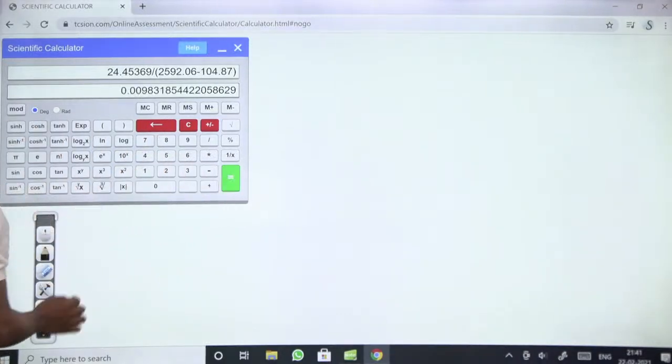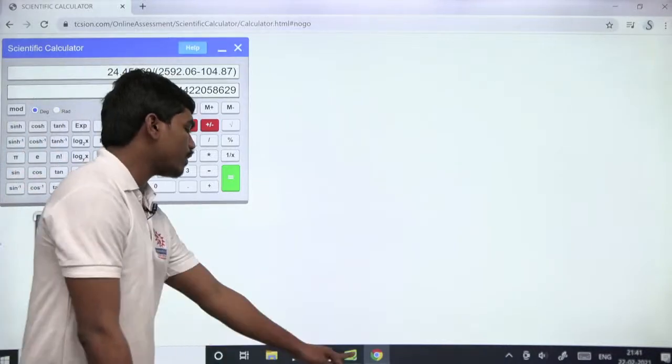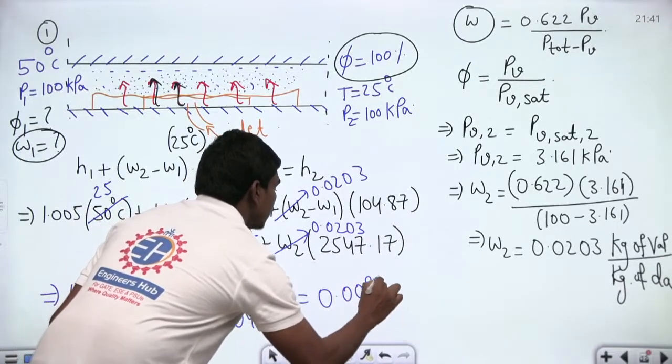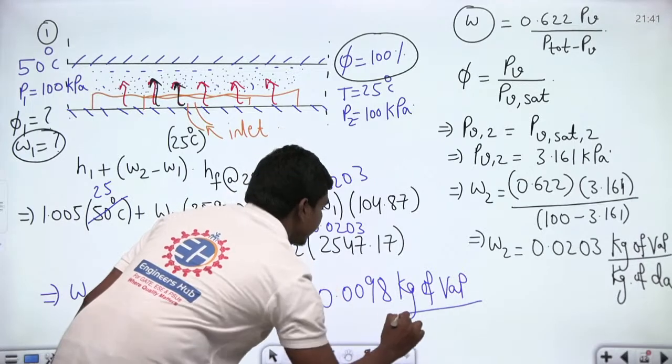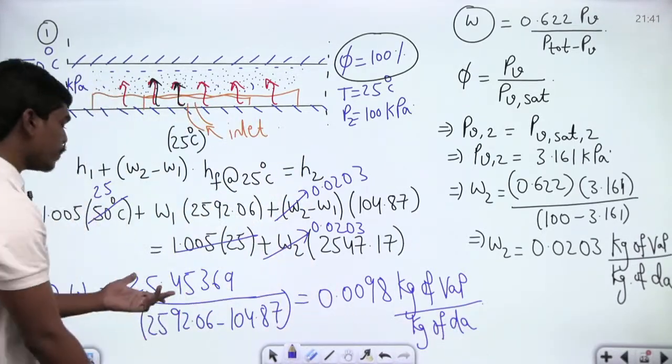So this is what we have, and omega 1 is nothing but 0.0098. So your omega 1 here is nothing but 0.0098 kg of vapor per kg of dry air. So omega 1 is known to us.